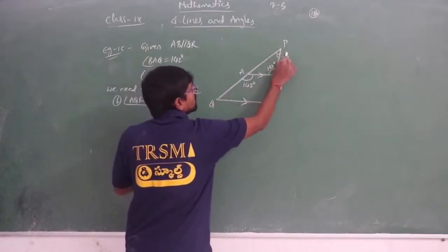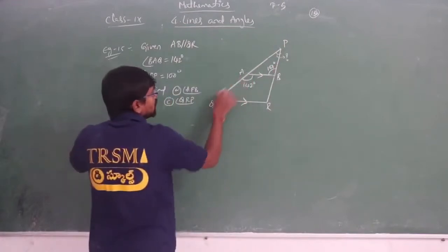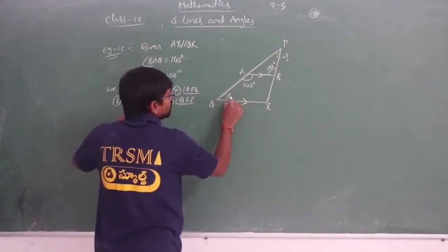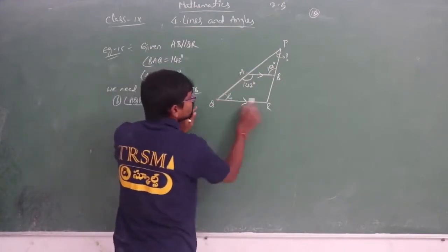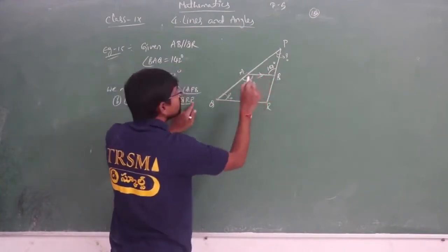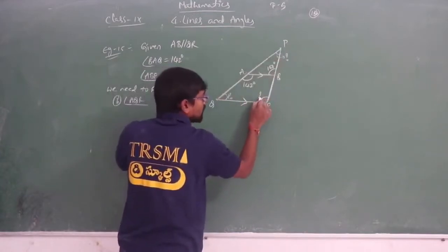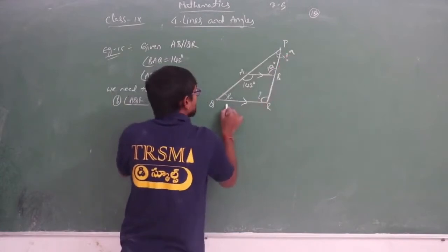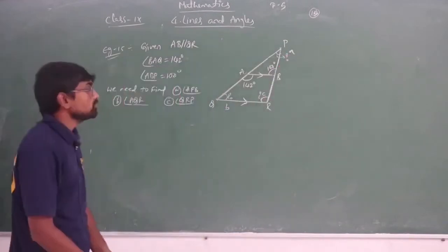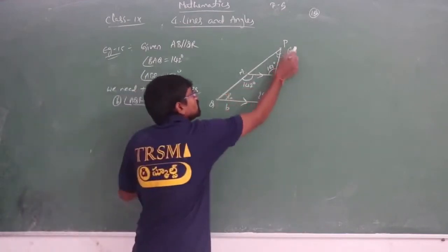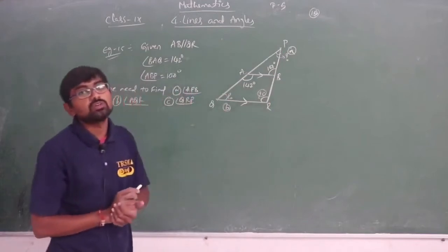We need to find first APB, second AQR, and third QRP. This is A, this is B, and this angle is C. These are all the angles we need to find.